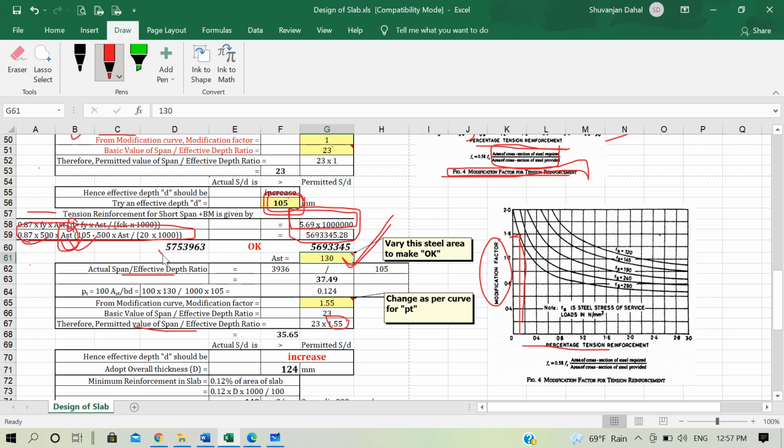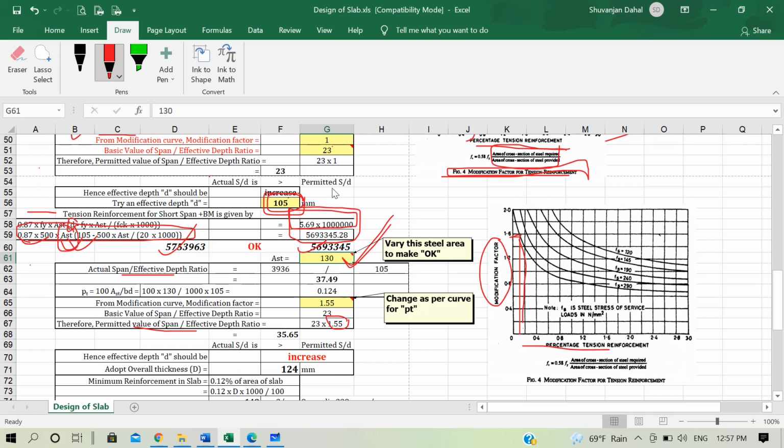Our bending moment capacity here and the actual bending moment value do not have much difference. It is 569 and 575, so we may not have space to decrease the steel reinforcement. In that case, we again have to increase the effective depth.